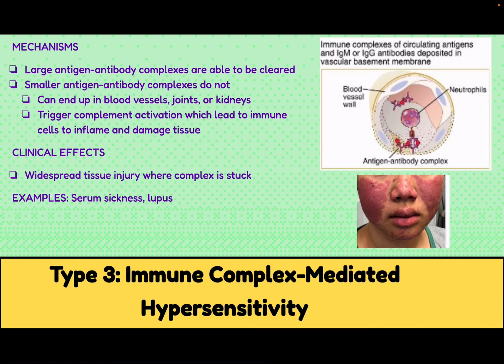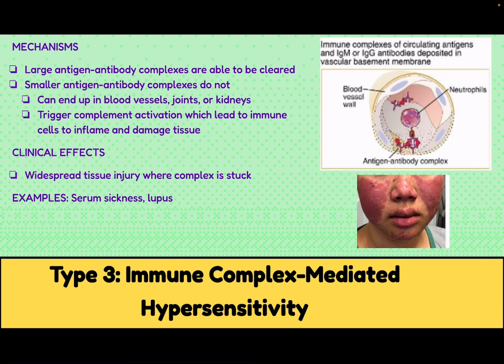Type 3 immune complex mediated hypersensitivity, like I said, is triggered by antibodies that bind to soluble antigens. The mechanism includes the larger complexes being able to be cleared, but the smaller antigen-antibody complexes are not. When they're deposited into blood vessels, joints, and kidneys, they trigger complement activation, which leads immune cells, like neutrophils, to cause inflammation and tissue damage.